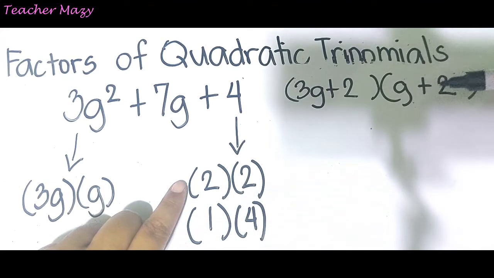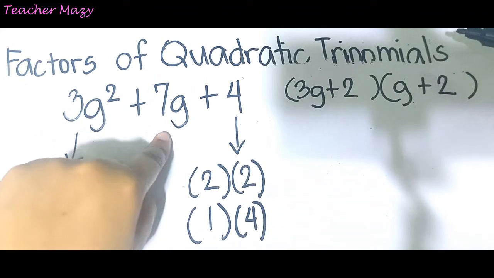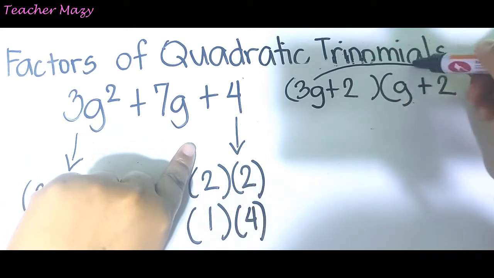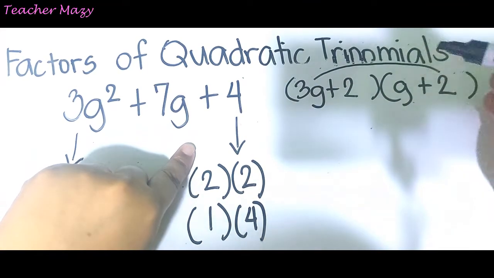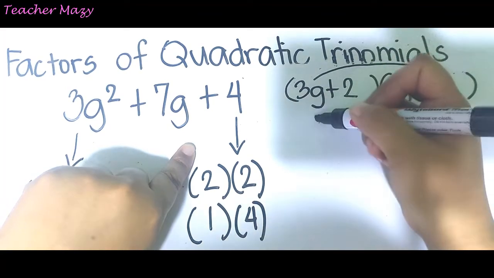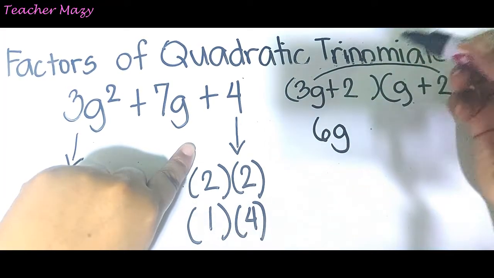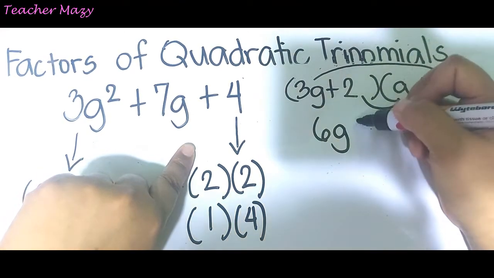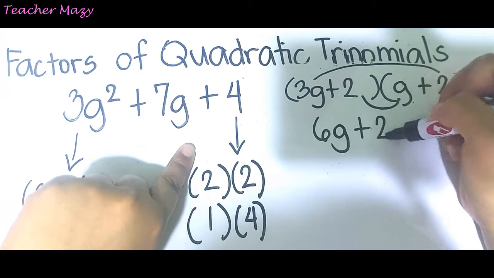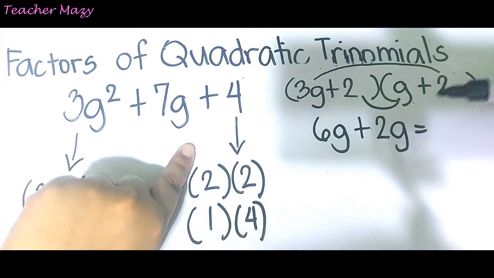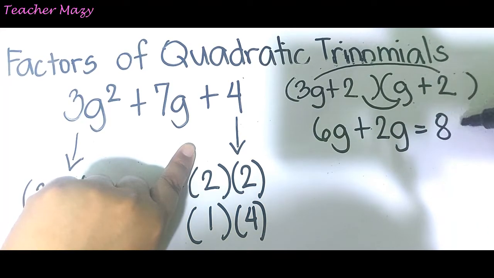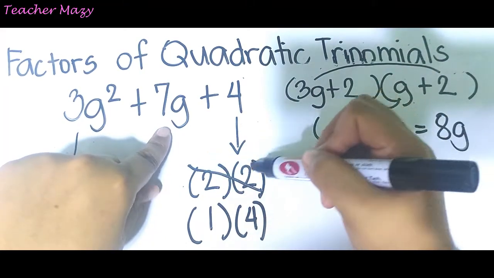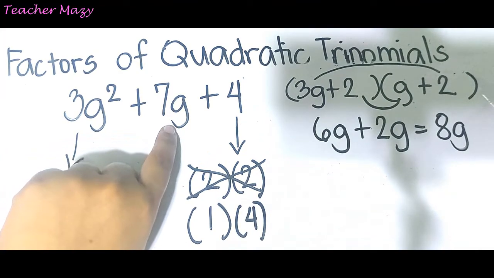Let's check if we can obtain positive 7g. First, 3g times 2 is 6g, and then the inner terms, 2 times g, is positive 2g. Adding them gives 8g. We are looking for 7g, so these factors are incorrect and we cannot use them.